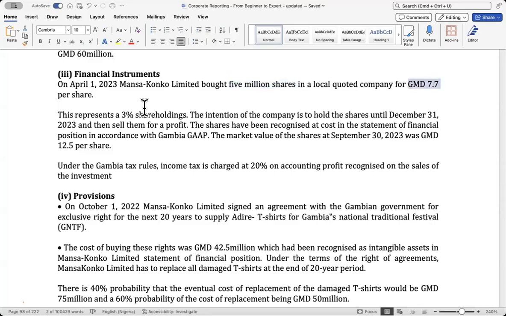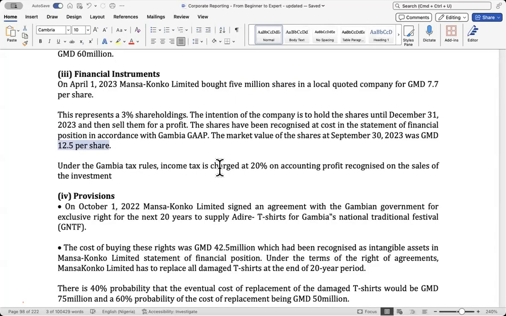They said this represents a 3% shareholding. The intention of the company is to hold the shares until the end of this current year and then sell for a profit. The shares have been recognized at cost in the statement of financial position in accordance with the Gambian GAAP. The market value of the shares at the end of the year is 12.5.